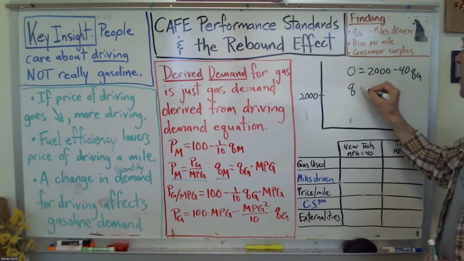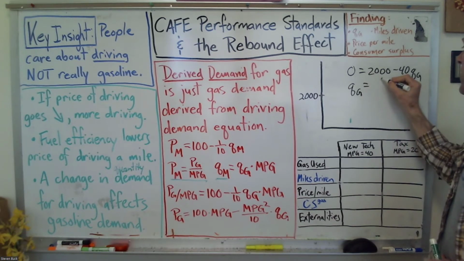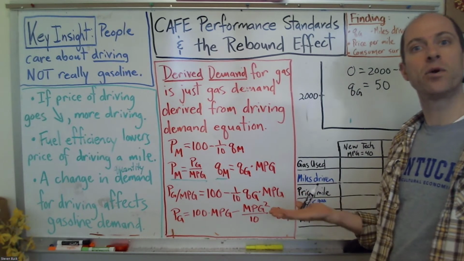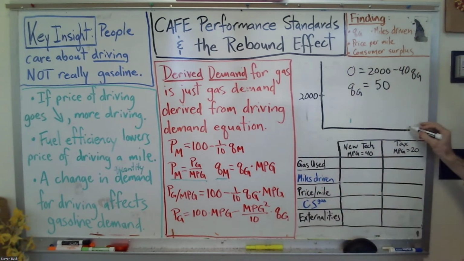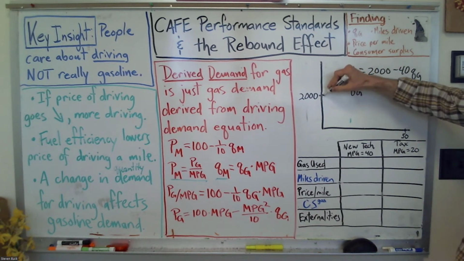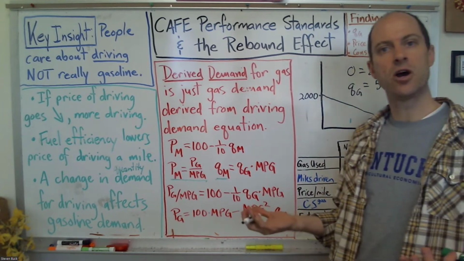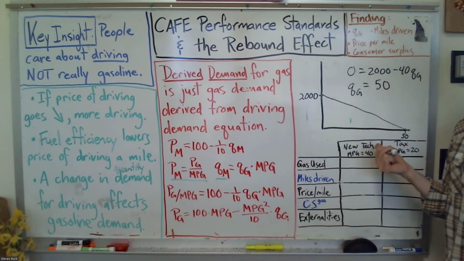So solving for QG is going to give us 50 because 2,000 divided by 40 is 50. So our x-intercept is going to be there. So our demand for gasoline under the initial technology looks something like this.